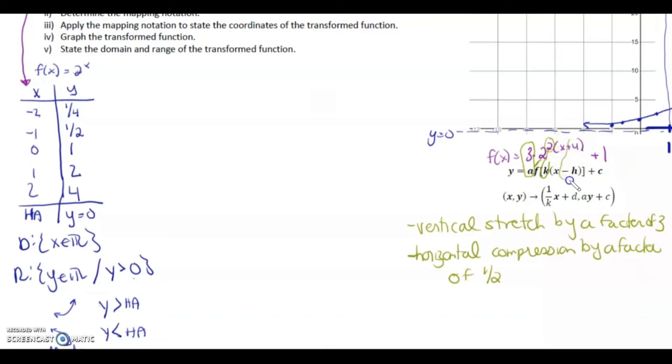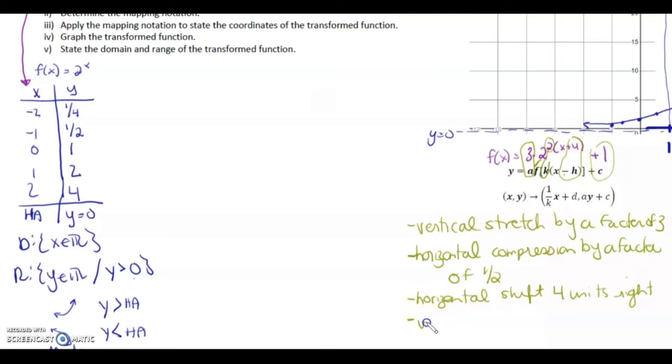Our H value, it looks positive, so it's actually negative. Horizontal shift 4 units right. Right? It's backwards. It has that built-in negative sign.